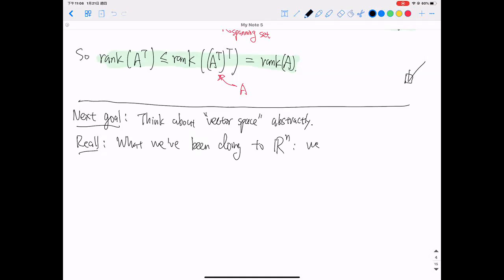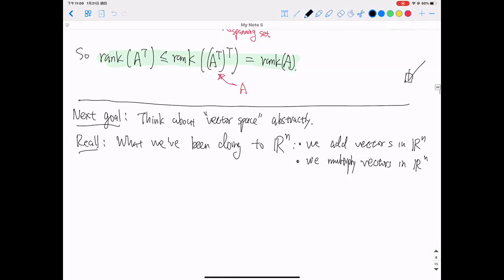We add vectors in Rn, and we scalar multiply, that is, we multiply vectors in Rn by numbers.